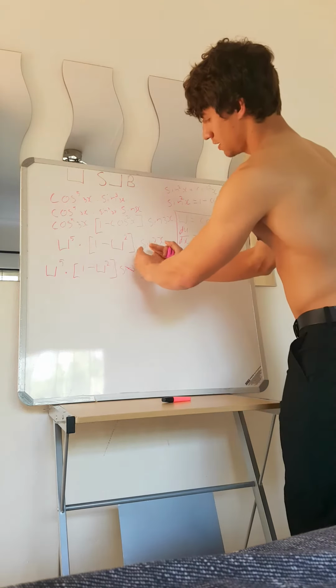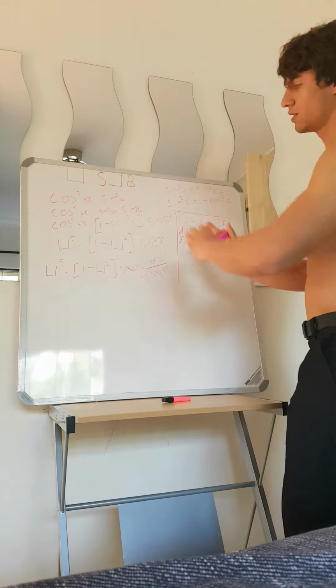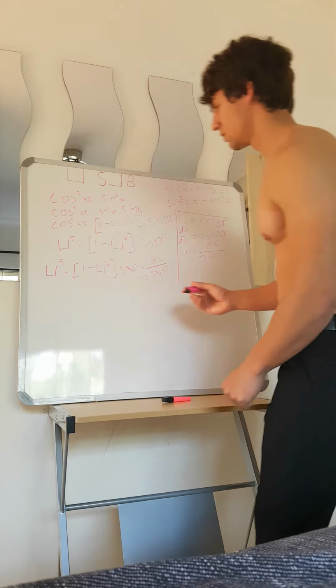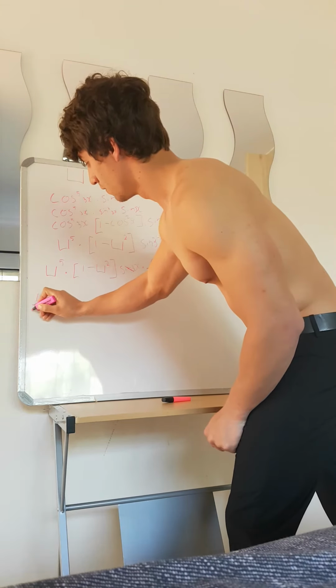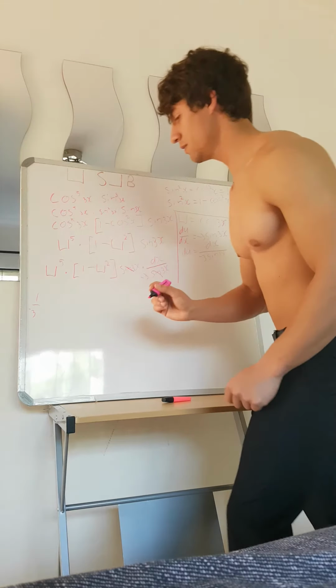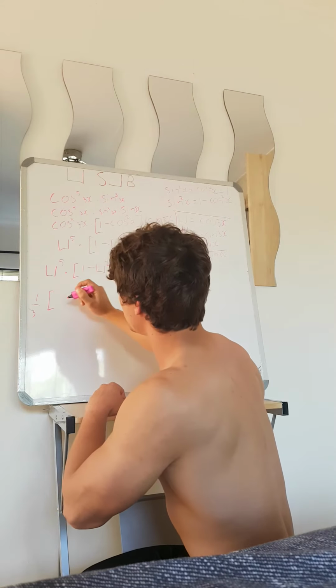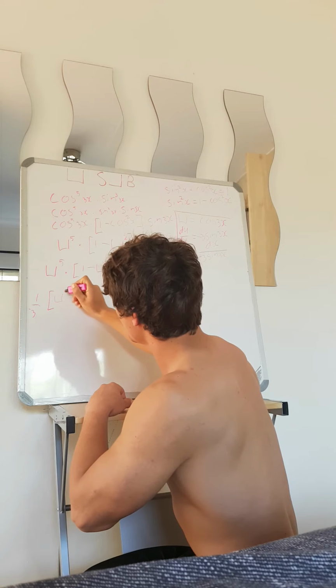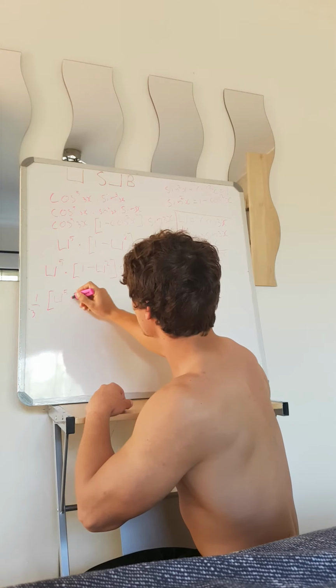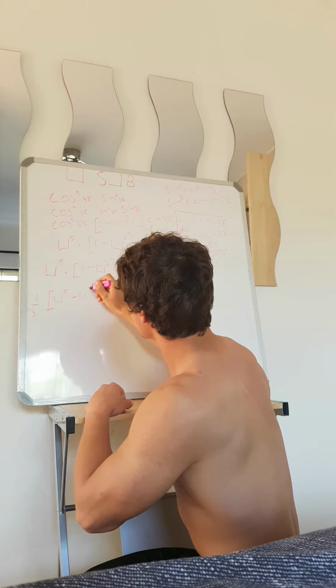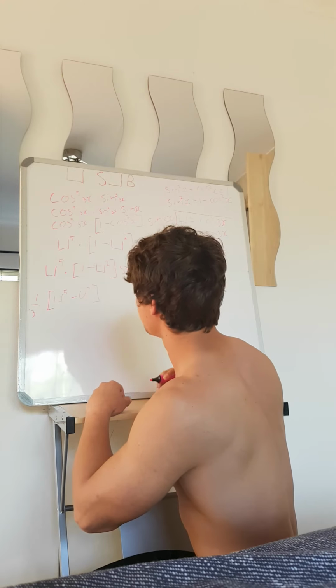So let's take this over outside so we can integrate our u's. So it'll be negative 1 over 3. Okay, over here let's multiply u^5 in: u^5 minus u^7.